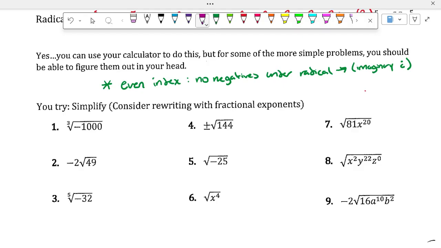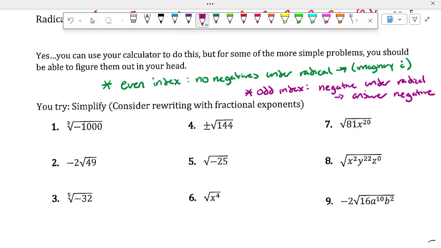Now, that is not true for an odd index. You can have a negative under the radical, because it just means your answer is negative. So for cube roots, for example, if I had the cube root of -8, the answer is -2, because -2 times -2 is +4, times another -2 is -8.